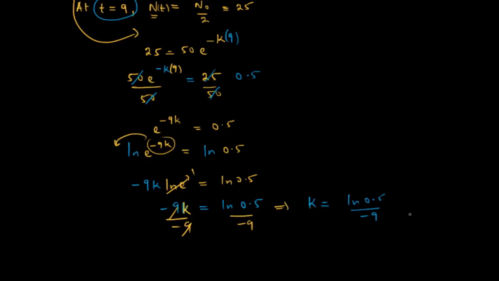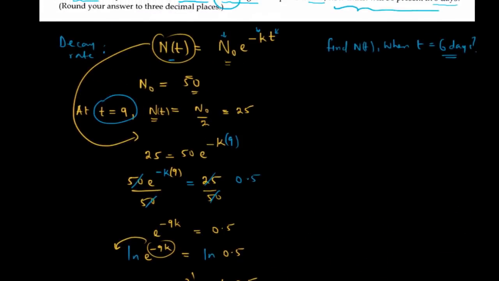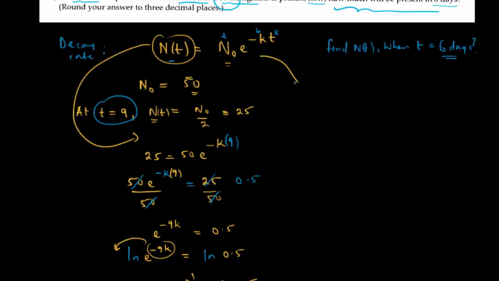And when you compute this, what you're going to have is 0.77011. So this is our value of k.